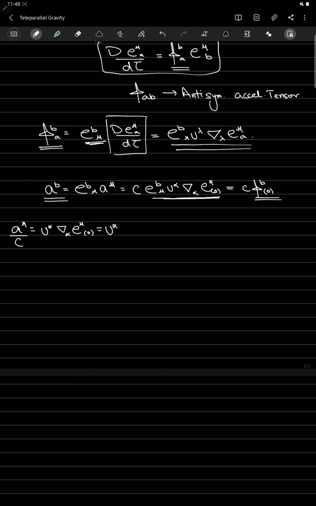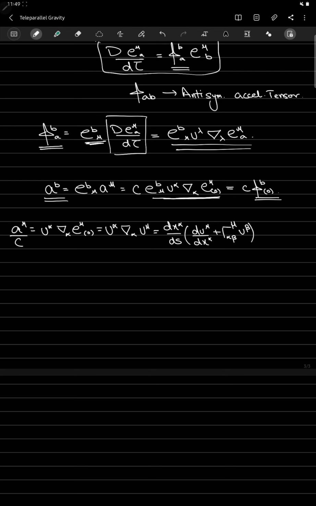You can write it as the covariant derivative like this of u mu, which is then equal to dx alpha over ds, where this s is the space-time path, and you have du mu over dx alpha plus the Christoffel symbol mu alpha beta u beta, right?